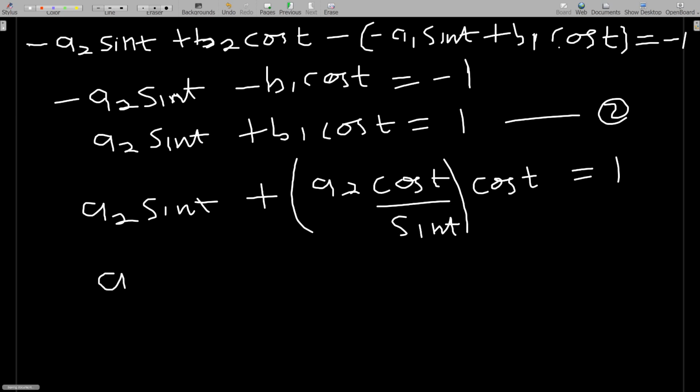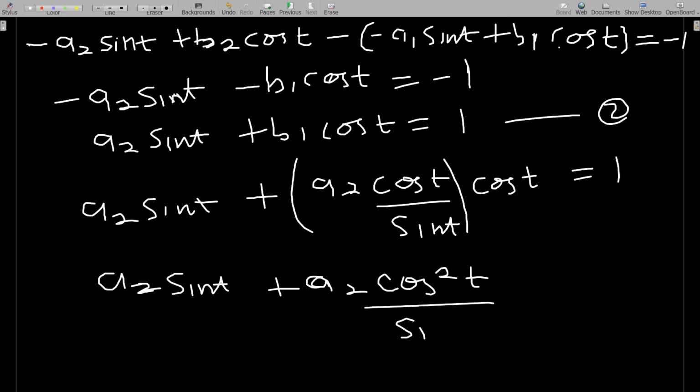So I have a2 sine t plus a2 cos squared t over sine t is equal to 1.